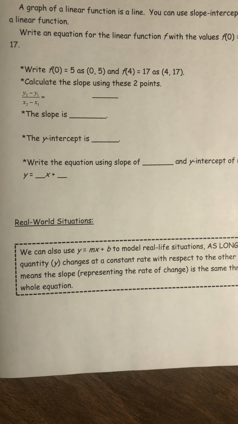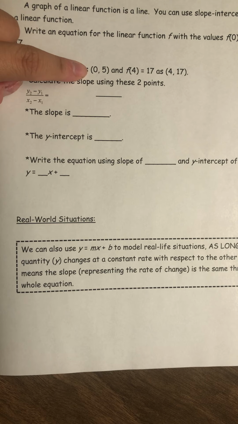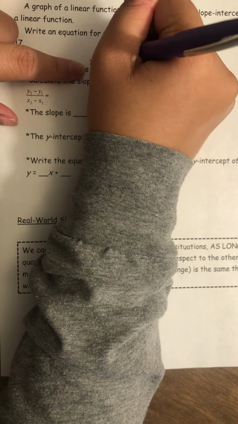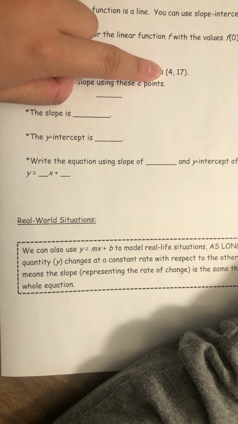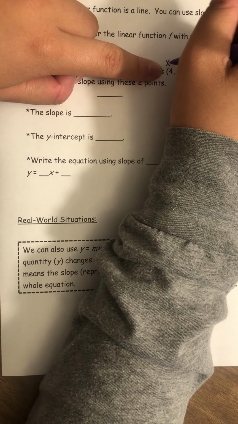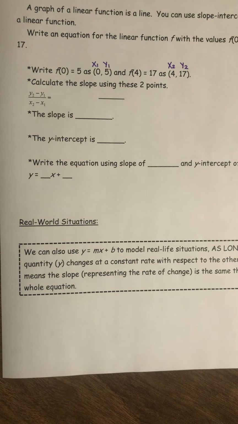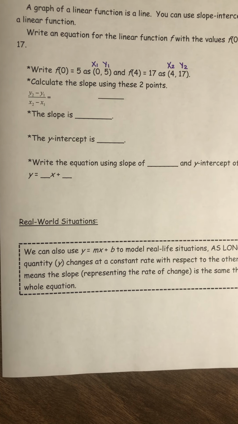Okay. So I now have 2 points, like I've had in the last couple of examples. I have my first point 0, 5, so I'm going to go ahead and label that x1, y1. And I have my second point 4, 17, so I'll go ahead and label that x2, y2. And then it's the same steps that we've kind of been repeating. We now need to find the slope.